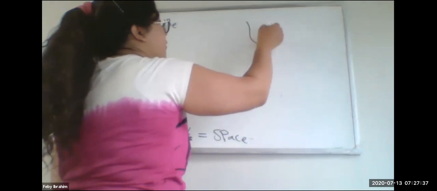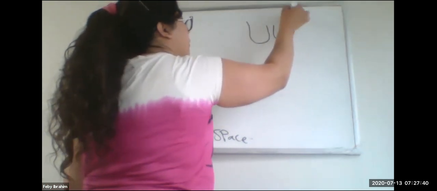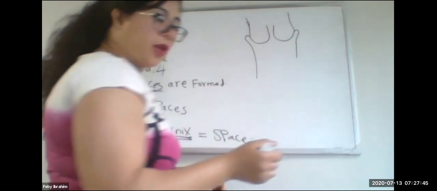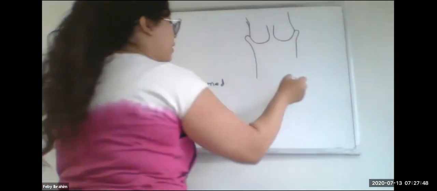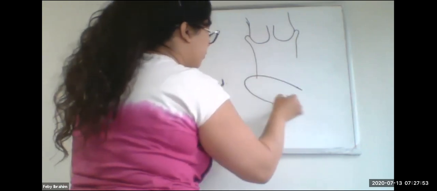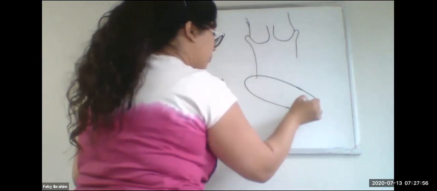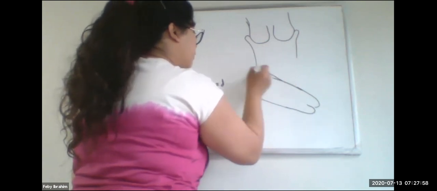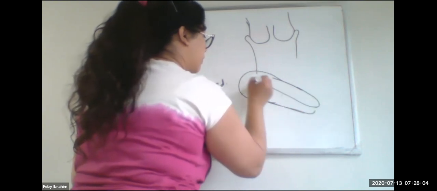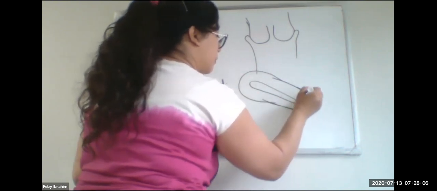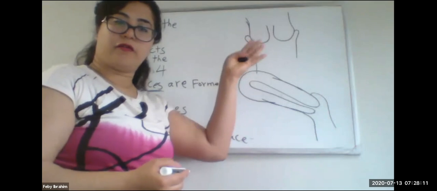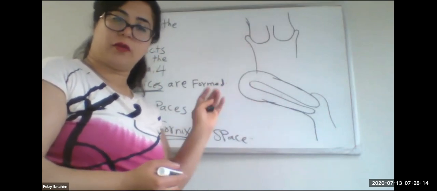Okay, so look here at this point. This is the cervix, and this is the vagina here. If I want to draw the uterus in side view, so this one is the anterior view and this one is the side view.